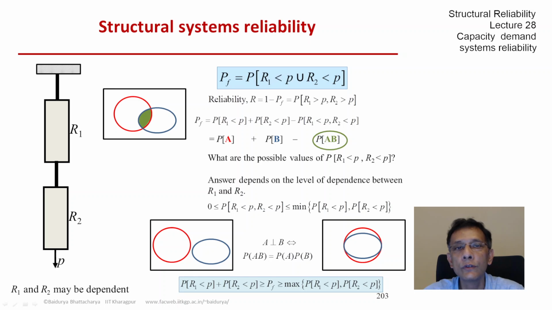So we are going to use first order or second order, or in some cases maybe third order also, probability information to get some reasonable bounds. But we are going to come to that later.